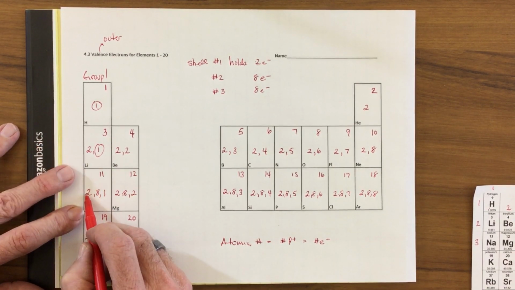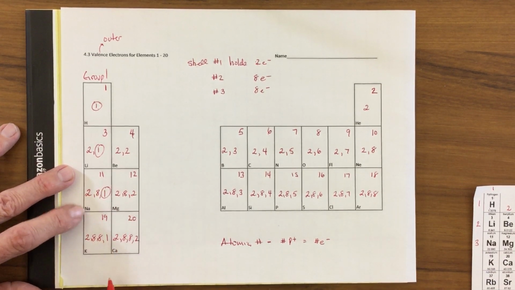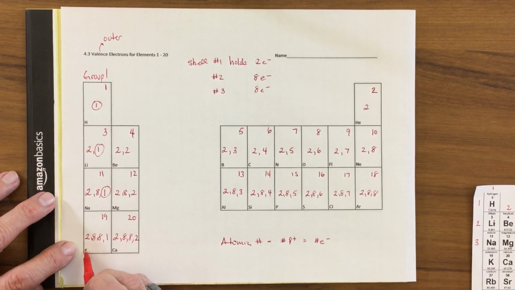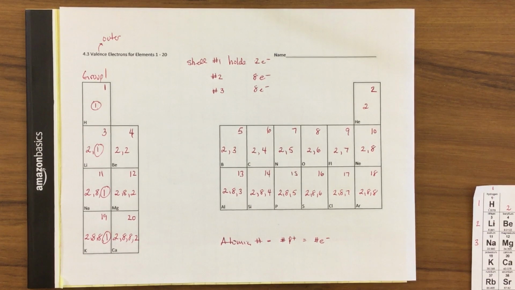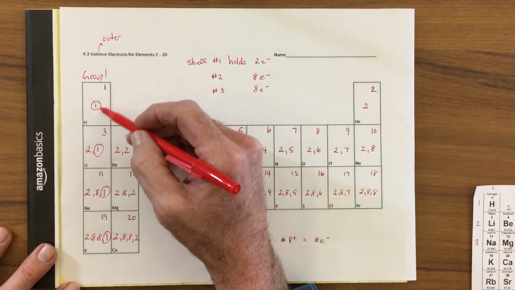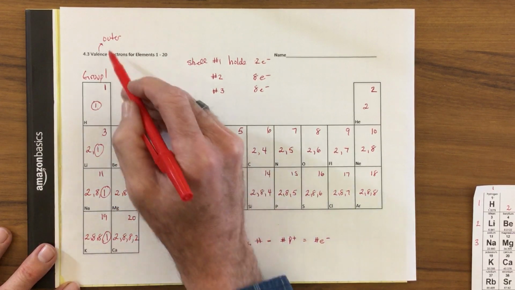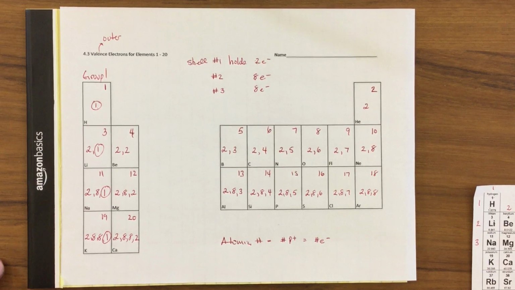Sodium has 2 in the first, 8 in the second, 1 in the third. Potassium has 2 in the first, 8 in the second, 8 in the third, and 1 in the fourth. These are all group 1 because they all have 1 outer electron or 1 valence electron.